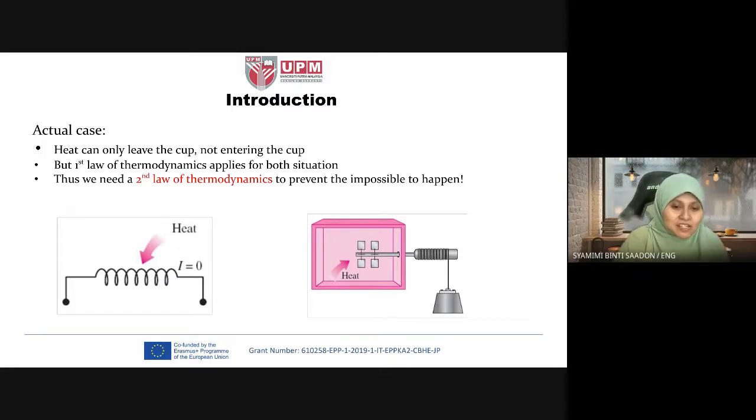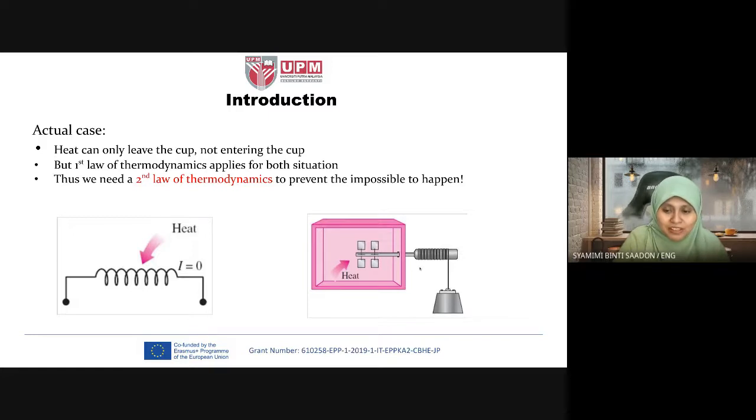For example, you have a resistor. Heat is given to the resistor to heat it up, but the opposite process cannot occur in reverse. It is the same as this one: you turn the shaft, rotating it, so work is given to the shaft.